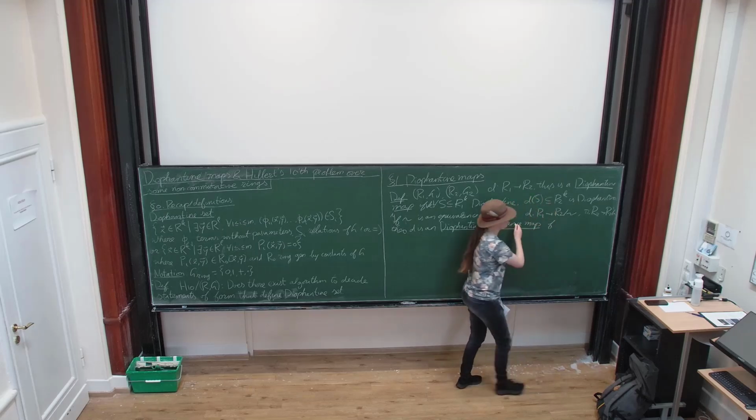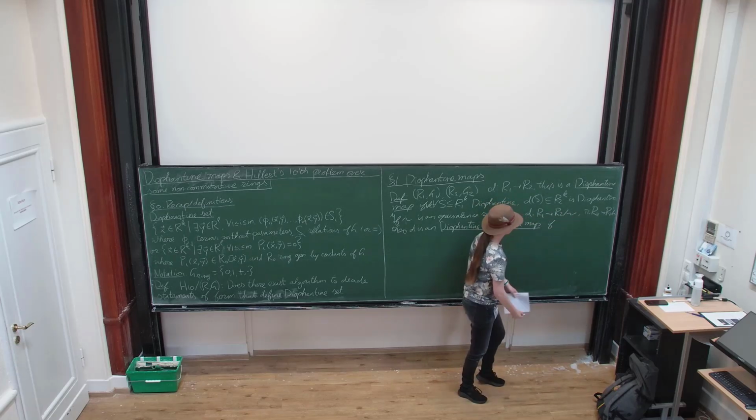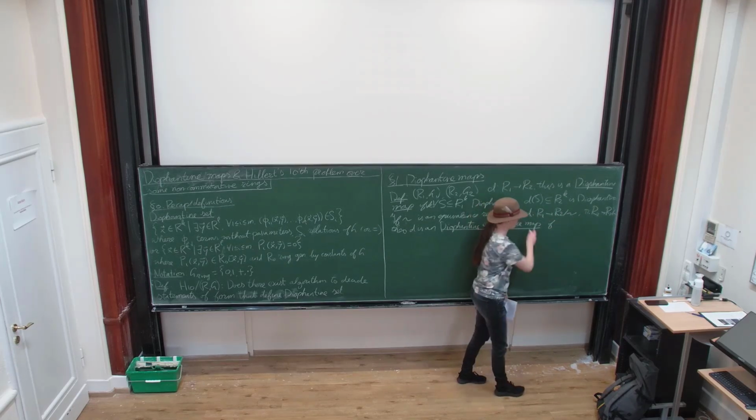If, well, we can no longer say that D of S should be Diophantine because we don't have any Diophantine sets in here, but we can just take everything that will map to that.